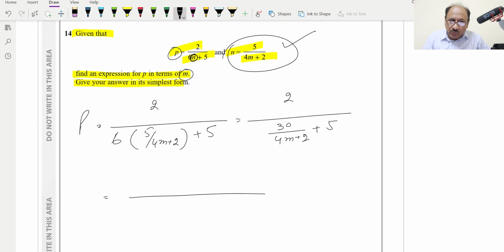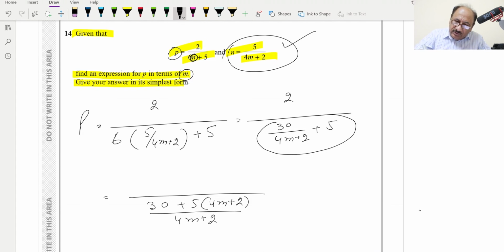So this will be 30 plus 5 into 4m plus 2 over 4m plus 2. This one we have solved, this denominator portion only, and we will get this, and 2 as it is, and these additional circles I'm removing.